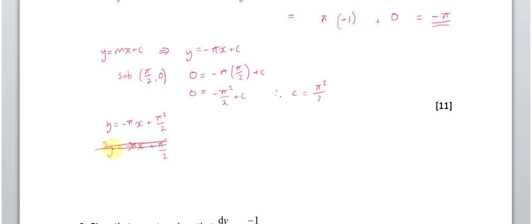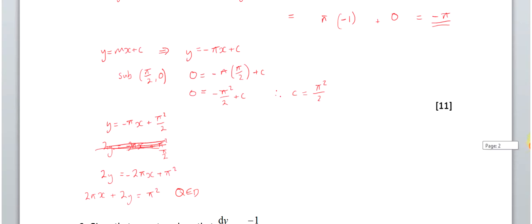Scratch that one. Unfortunately, the eraser on this is not working at the moment. So we multiply through by 2, so we've got 2y is equal to minus 2 pi x plus pi squared, and then we just add this over here, so we've got 2 pi x plus 2y is equal to pi squared, and that's what we've been asked to show.